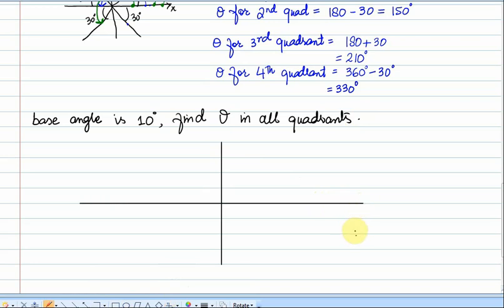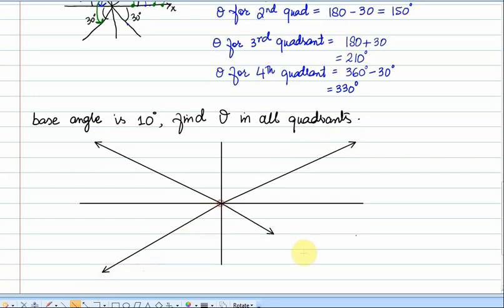Alright class. So what I will do first, I will draw the base angle in all four quadrants, starting from the first one. I am just drawing my picture a bit large so that it will be easy for you to understand how I am marking my angles.